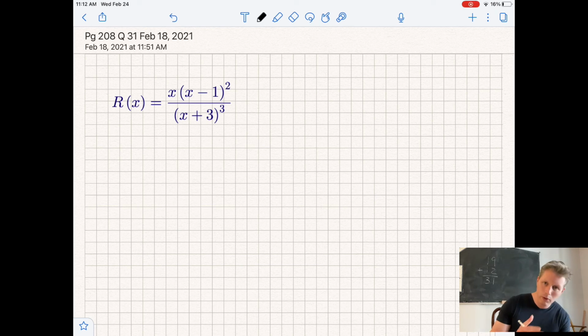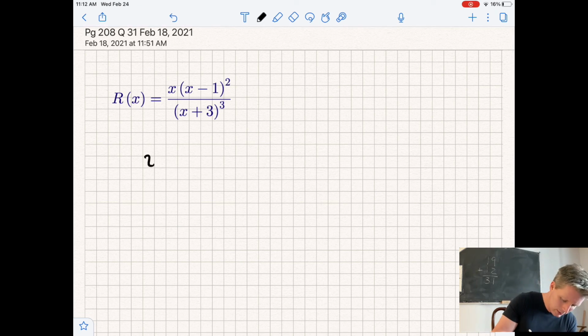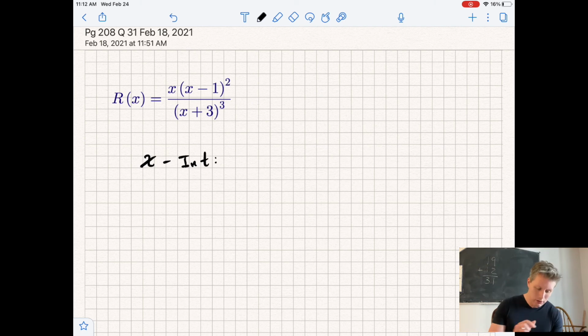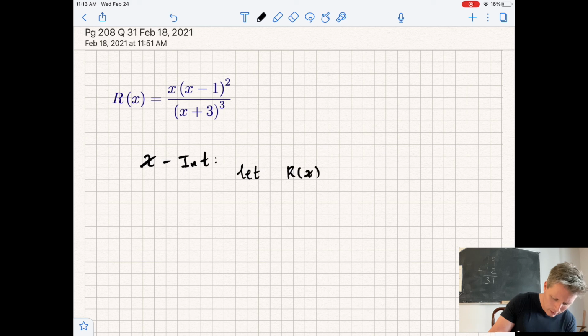Okay, so I'll start with the x and y intercepts. So I want the x-intercepts. I will note first off that the function is already in reduced terms, as in there's no factor in the numerator and denominator that I can cancel. There's no common factor. So to find my x-intercept, I'm going to let my function, r of x, equal 0.